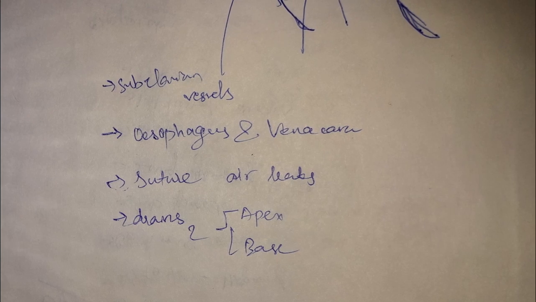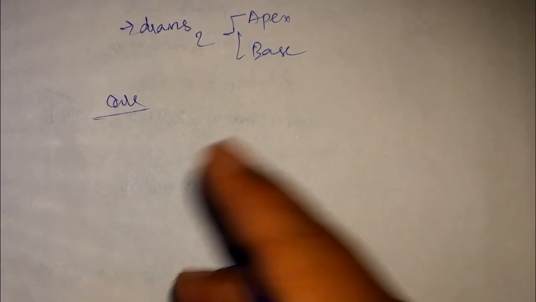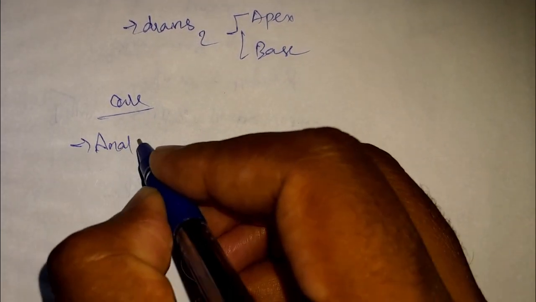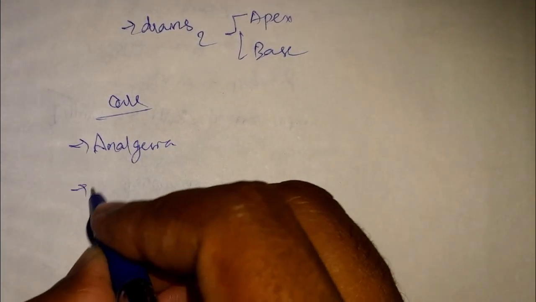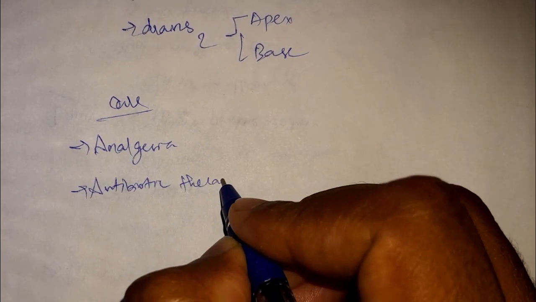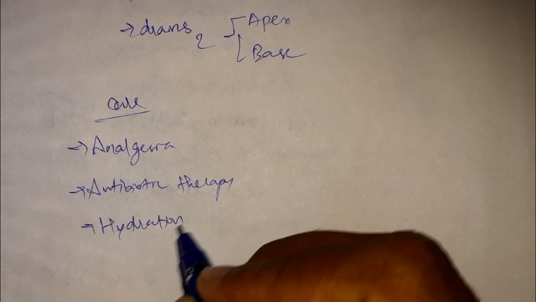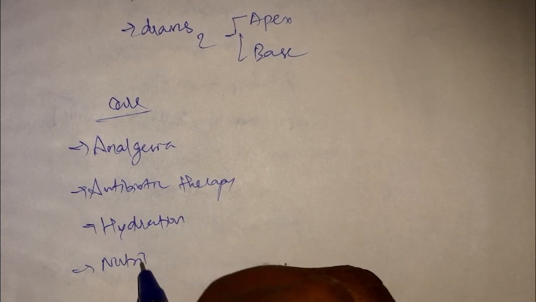After the operation, what care do we have to give? Postoperative care: adequate analgesia should be given, and antibiotic therapy to avoid infections. Hydration, the person should be hydrated, and nutritional support.